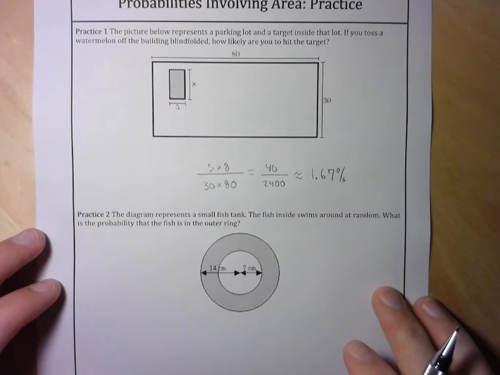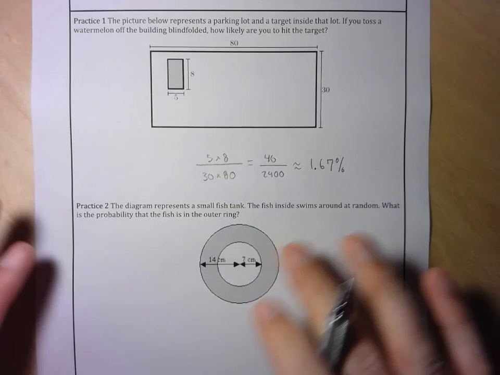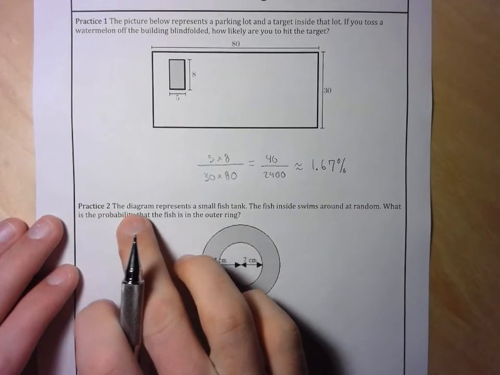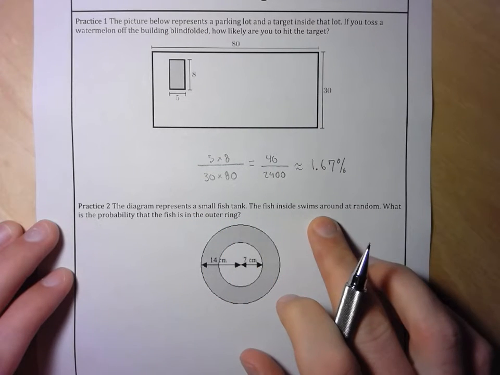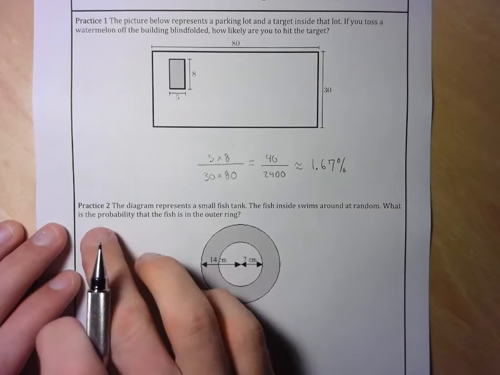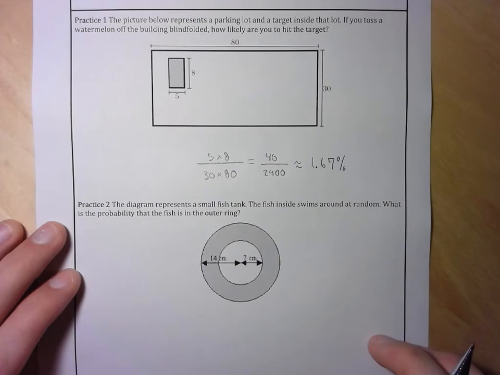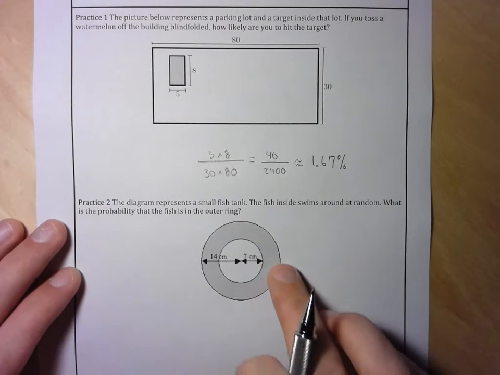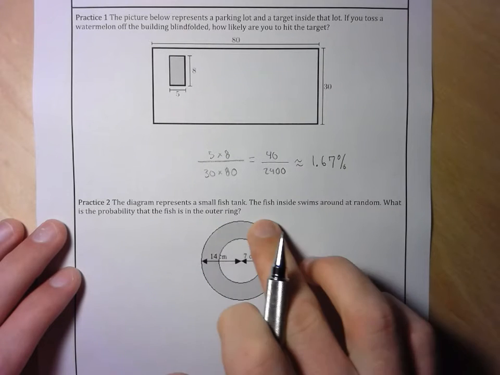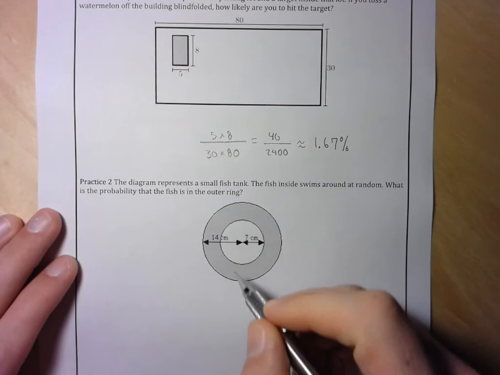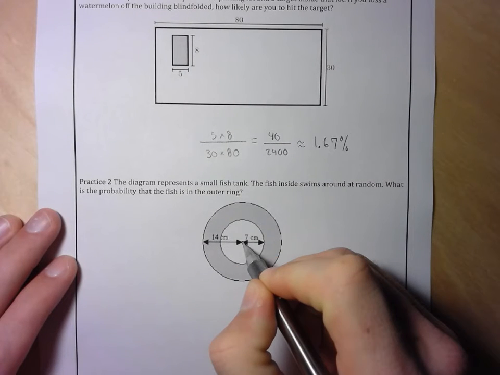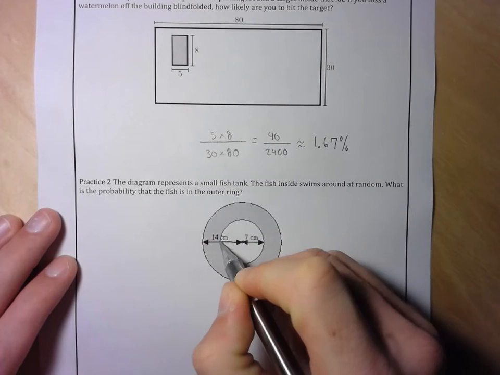And again, we can do the same thing with circles. The diagram represents a small fish tank. The fish inside swims around at random. What is the probability that the fish is in the outer ring? So we want the area of the entire circle for our denominator, and we can see the radius of the entire circle.